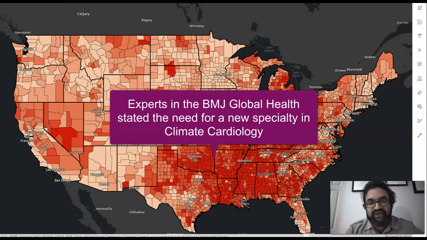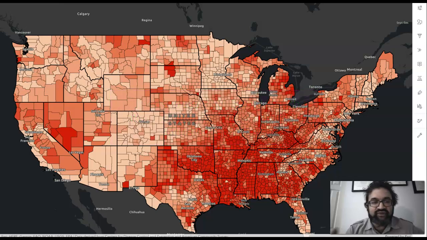Getting started, if you're looking at this map, you want to ask yourself when this is from. It's not enough to just see that there's a map. You want to see what the colors represent. The rule of thumb here is the redder the color, the higher the number of mortality in cardiovascular disease.